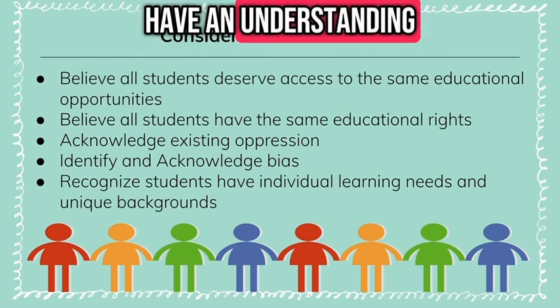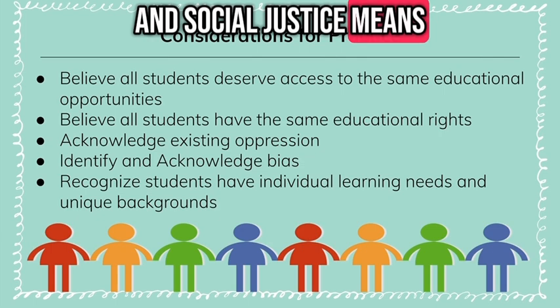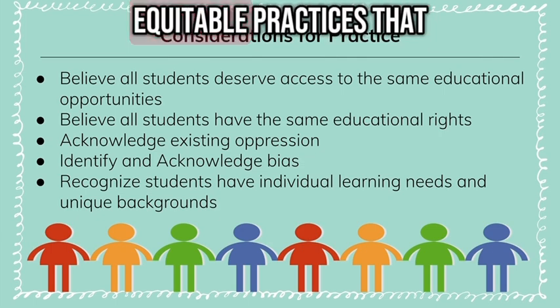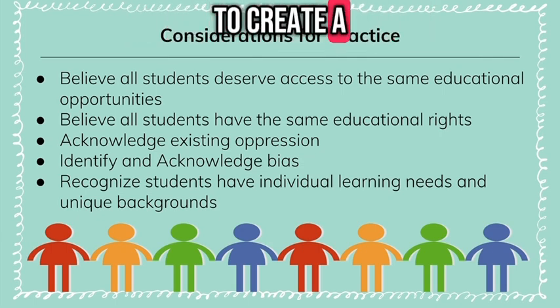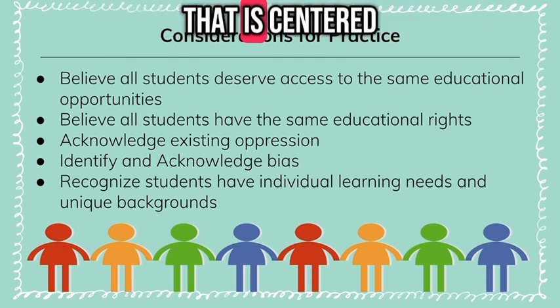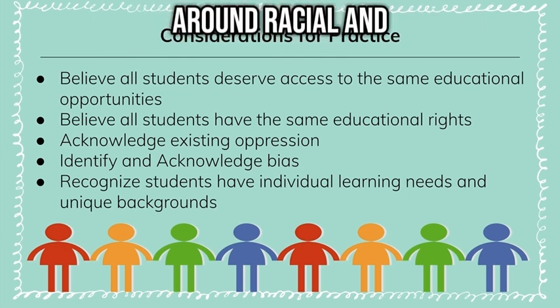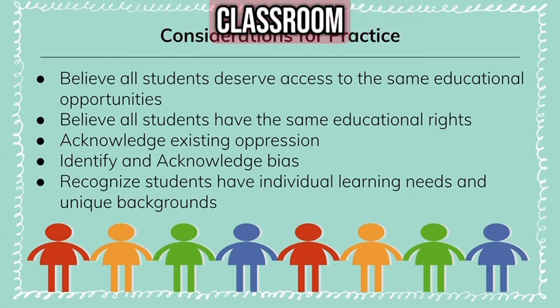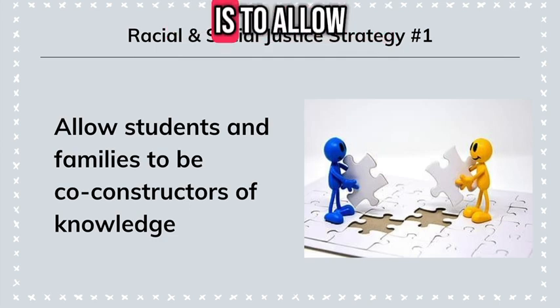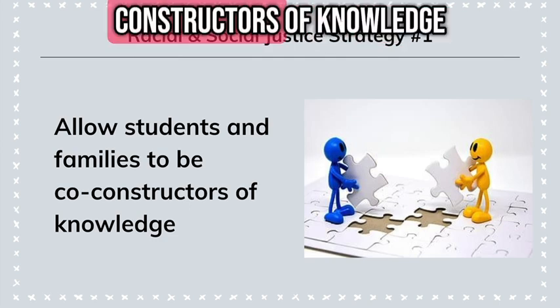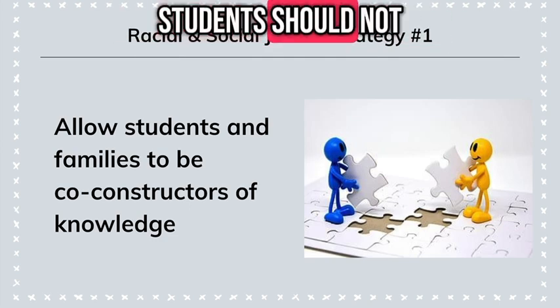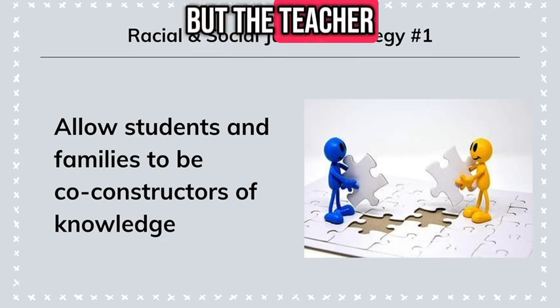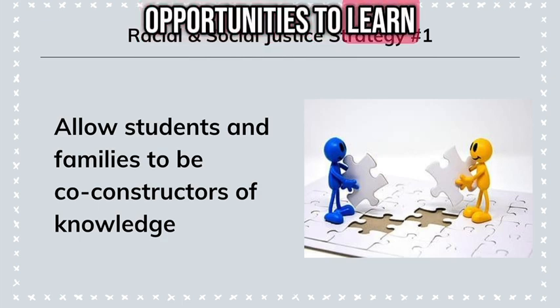Now that you have an understanding of what racial and social justice means, we will now learn about some equitable practices that you can implement to create a learning and school environment that is centered around racial and social justice existing in the classroom. The first strategy is to allow students and families to be co-constructors of knowledge. Students should not only learn from the teacher, but the teacher should likewise have opportunities to learn from the student.